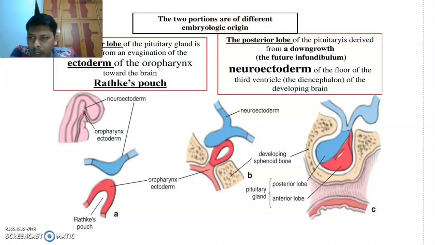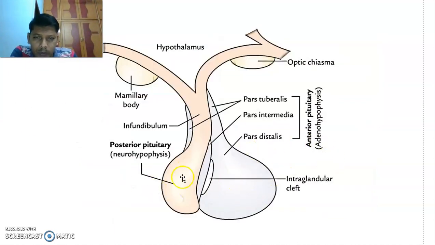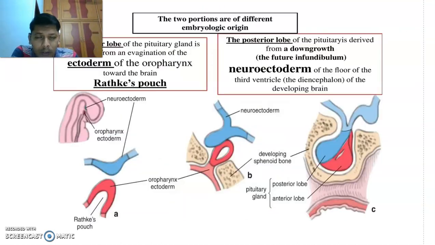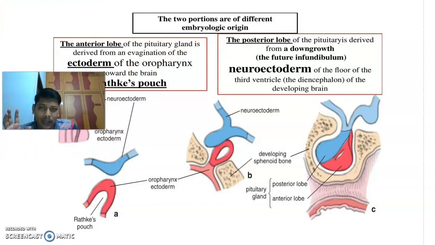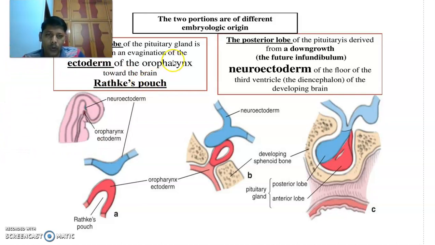The two portions do not have the same embryological origin. The anterior lobe of the pituitary gland is derived from an evagination of the ectoderm of the oropharynx.